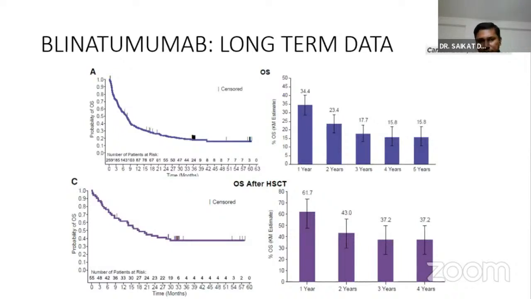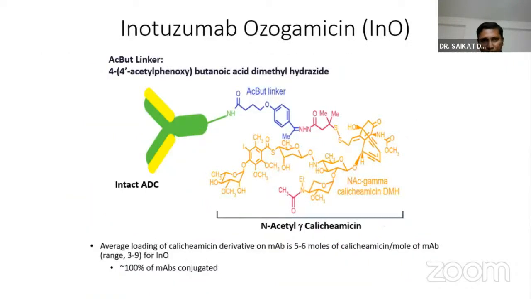But with this newer targeted therapy, there is much more increased survival. Though we should not compare across trials, like we shouldn't compare one trial with another, we can see in this long-term data that overall survival is increased with the use of blinatumomab.